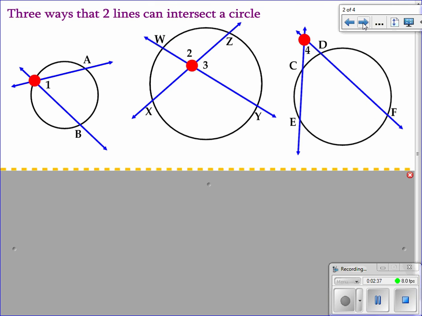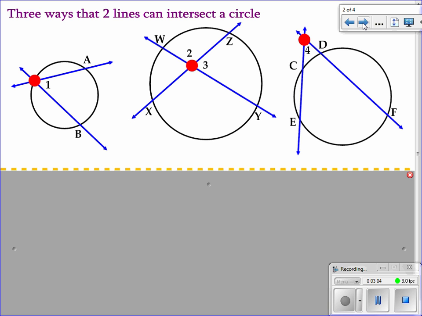These 3 rules. Okay, there are 3 ways that 2 lines can intersect on a circle. Now the first one is an inscribed angle, wouldn't you agree? It's an angle that's pulled to the back of the circle. So we have a relationship here that this is one that we already know. But 2 lines can intersect so that their intersection is on the circle, in the circle, or outside of the circle.